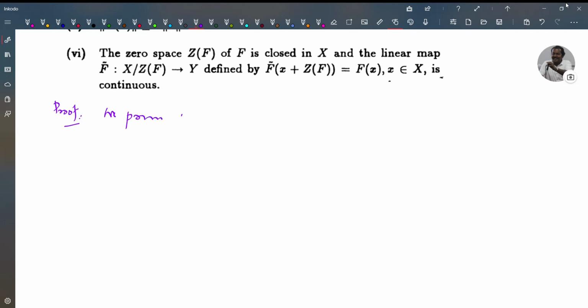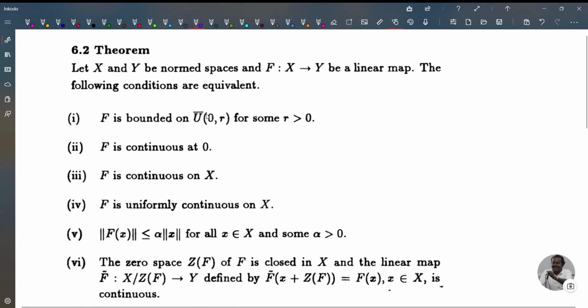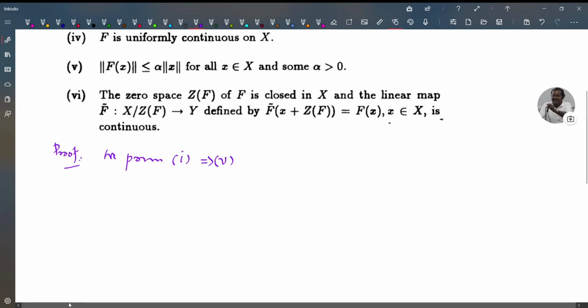1 implies 5. So the assumption is 1, that is f from X to Y is a linear map and f is bounded on the closure of U0(r) for some r greater than 0.